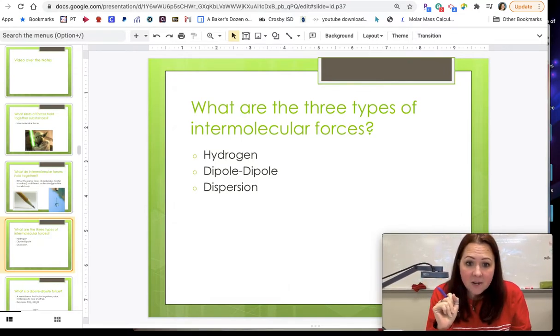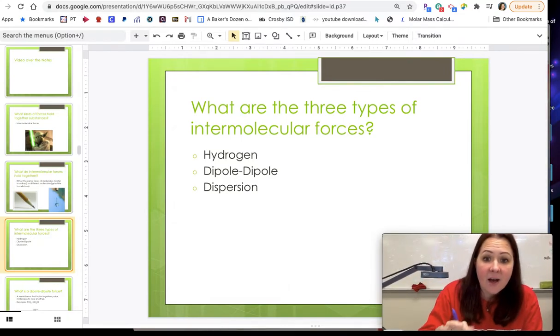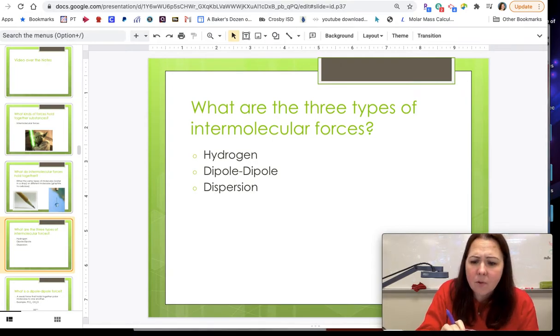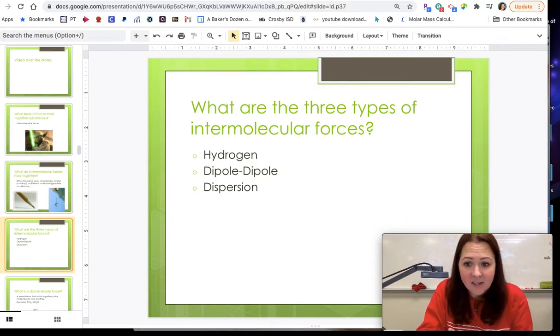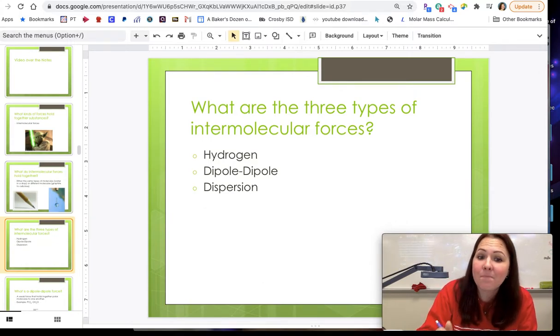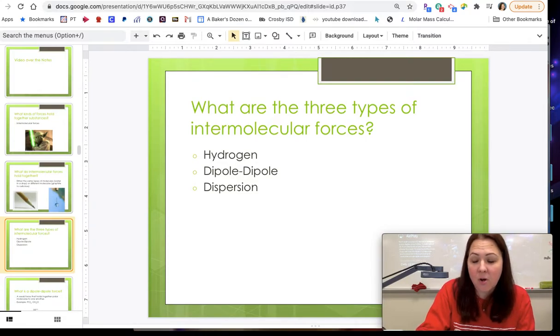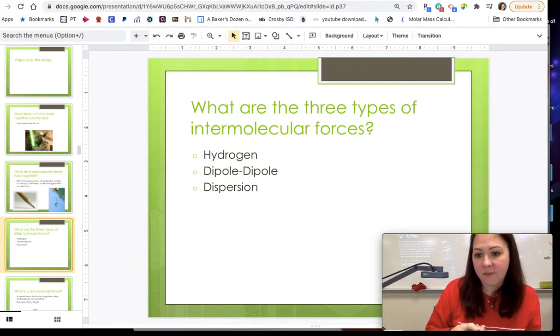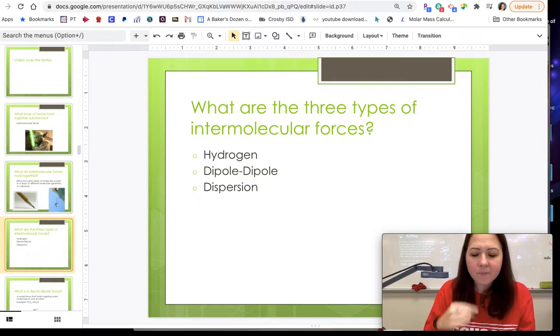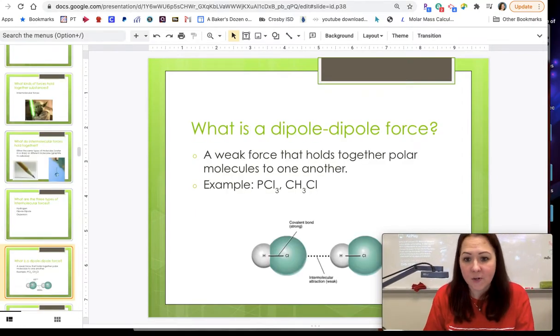Now the 3 different types of intermolecular forces, you have hydrogen bonds, which isn't actually a bond per se, but it's called a hydrogen bond. Dipole-dipole. People read this and say dipole, but it's a dipole-dipole. And you have dispersion, which some people call London dispersion forces. So with these 3 different types of forces, 2 of them are relatively weak and 1 is super strong. We're going to talk about the weaker ones first.